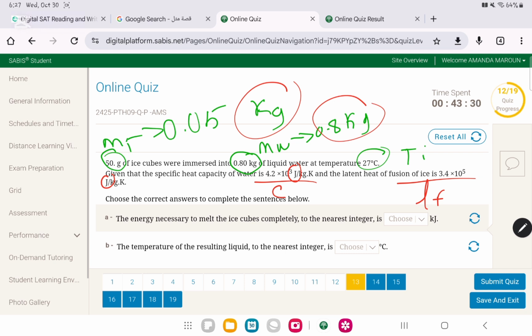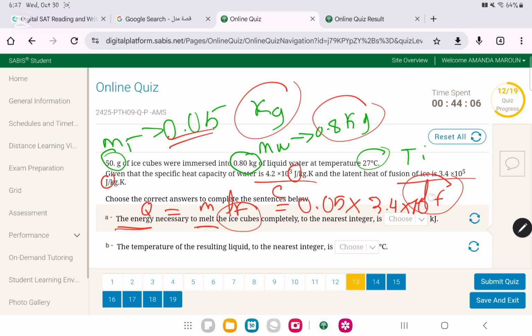So we have mass of ice, mass of water, temperature initial, we have C, and we have LF. So they first ask us for the energy, which is Q, necessary to melt the ice cube. Melt means we're going to be using the latent heat of fusion. So we're going to be using the mass of the ice cubes to the nearest integer. Very easily, we know the equation is Q equals M times LF. Our mass is 0.05 kg times LF, which is 3.4 times 10 to the 5.